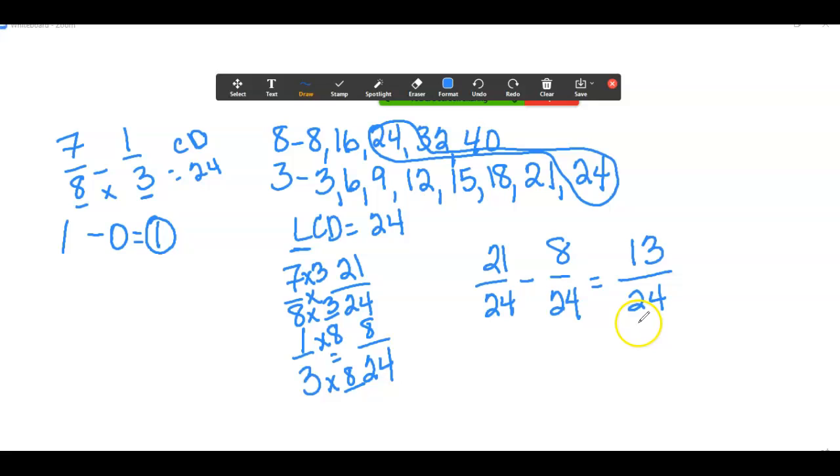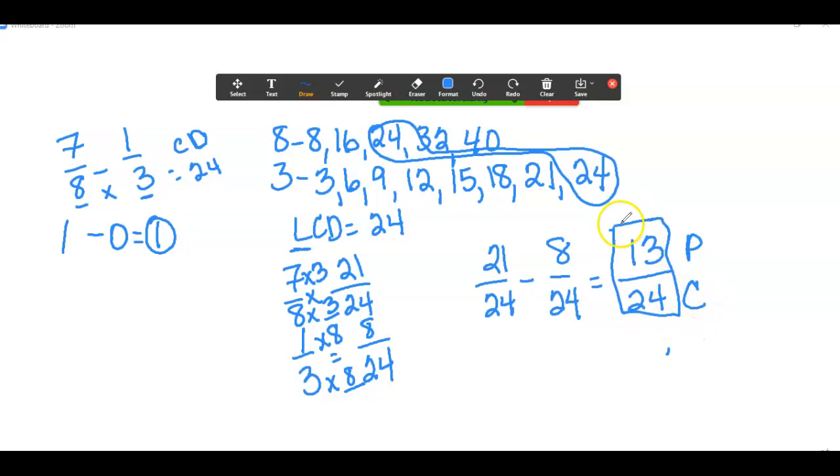Okay, so now I have some questions to ask. 13 would be prime or composite? That's prime. And 24 is composite. So then the question is, can 13 go into 24 evenly? No. Okay, so 13/24 is my answer.